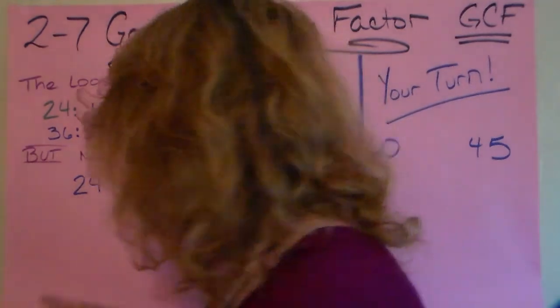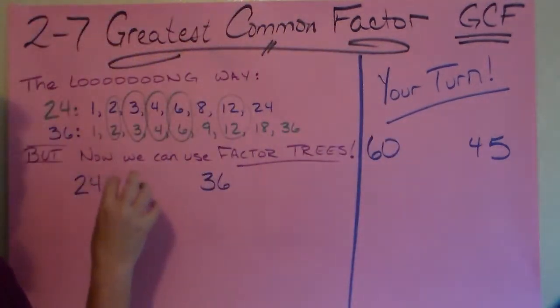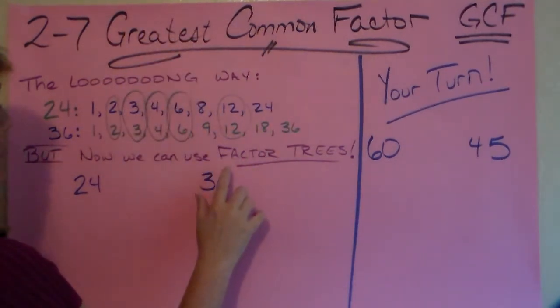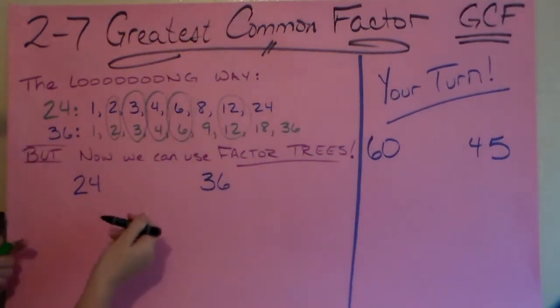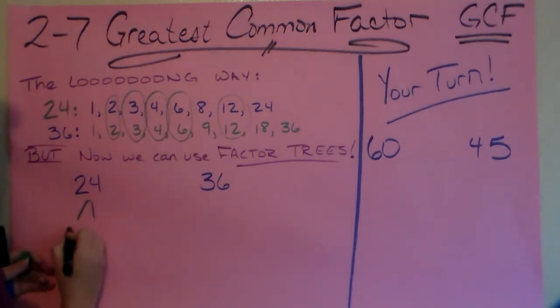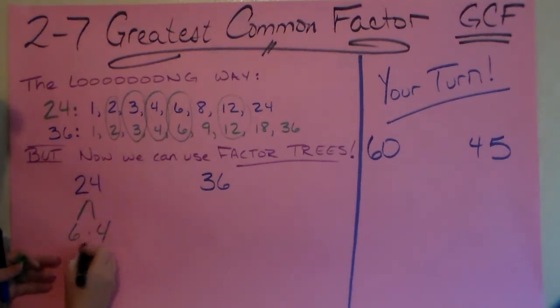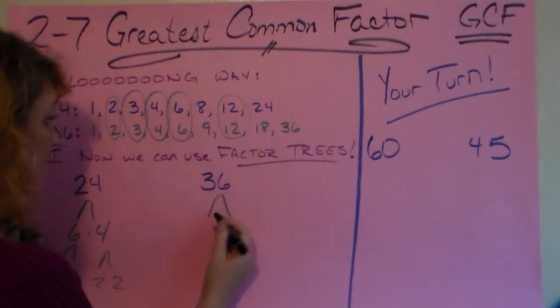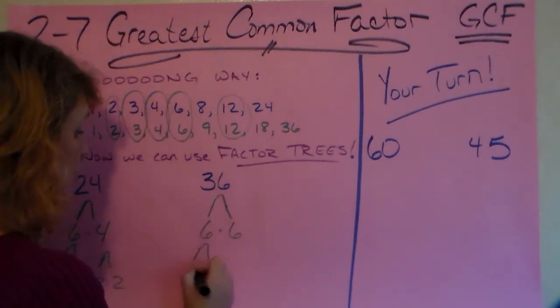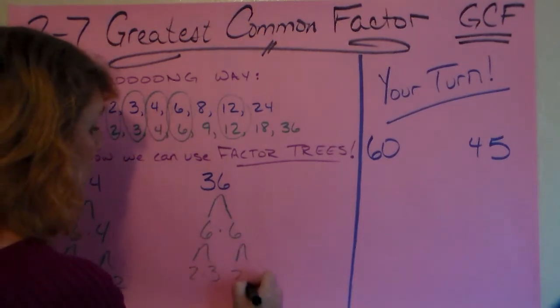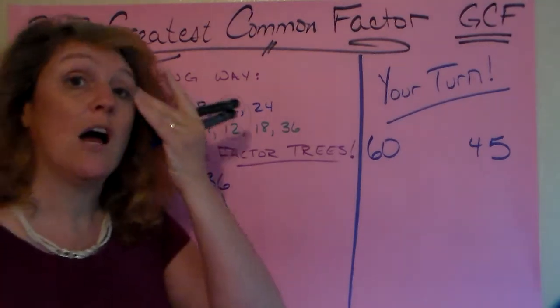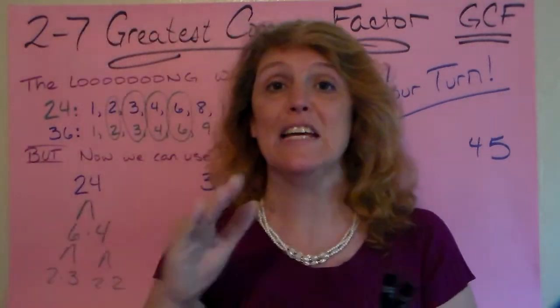So check this out. If I'm going to find the greatest common factor, the biggest factor that they have in common, using factor trees, here we're going to make a factor tree. This is 6 times 4, which is 2 times 3, and 2 times 2. This is 6 times 6, which is 2 times 3, and 2 times 3. Now, I want to find all the factors they have in common.